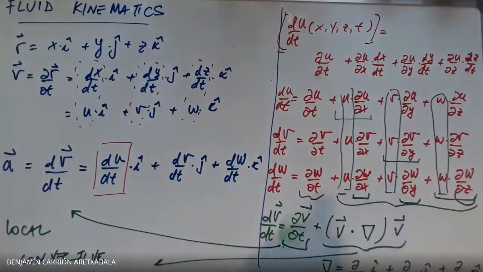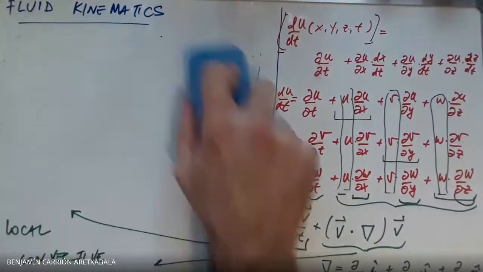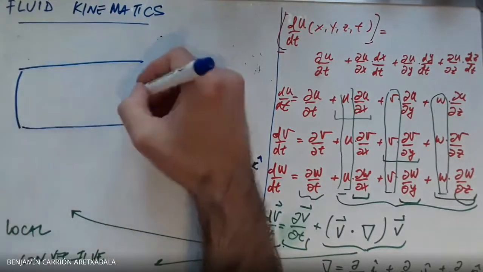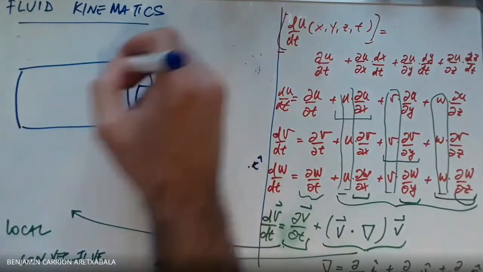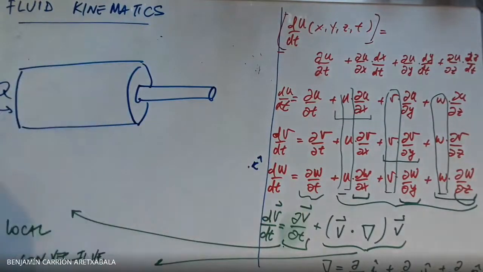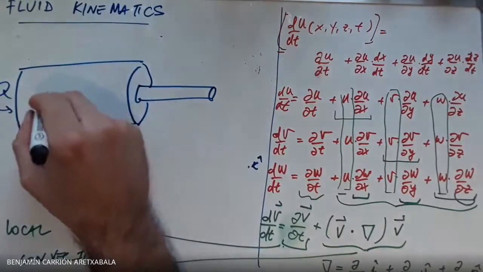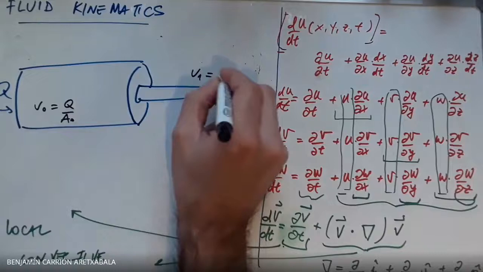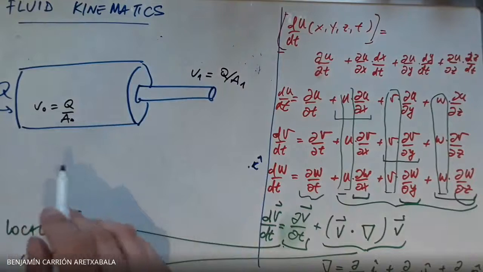For instance, if you think of the previous example, let me just delete this. Let's say a pipe. Here we had a smaller pipe, right? And you have a flow coming in. We said the velocity here is Q over A0, and here the velocity is Q over A1, and V1 is larger than V0.